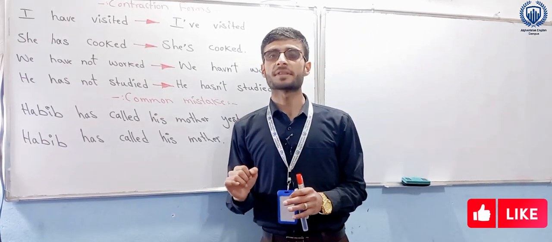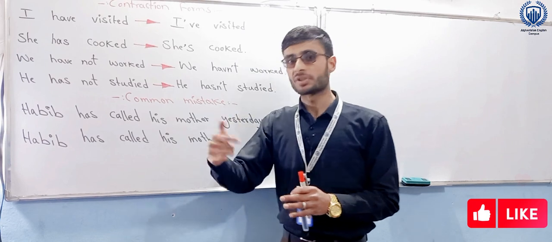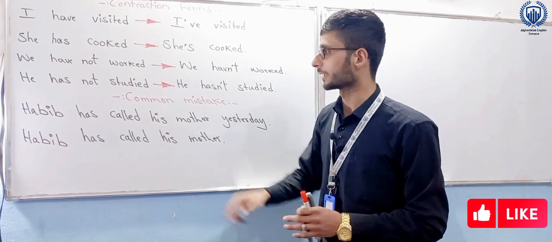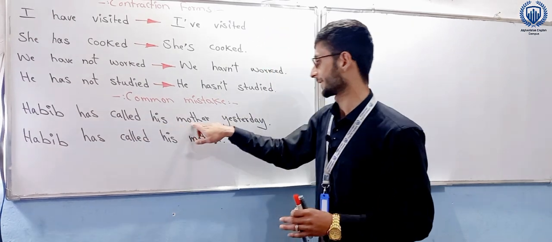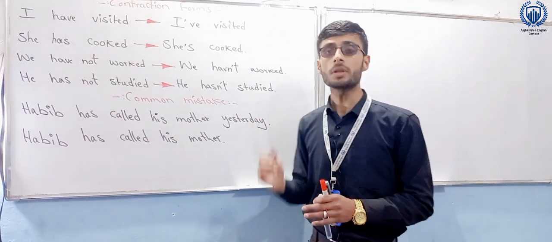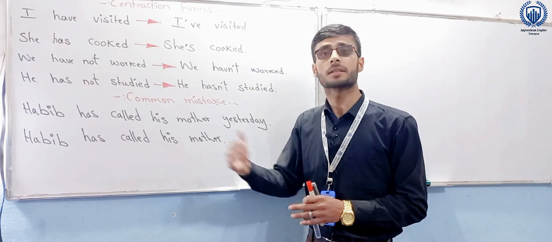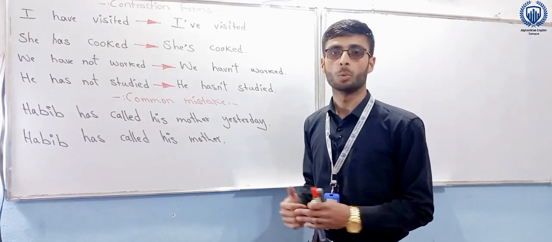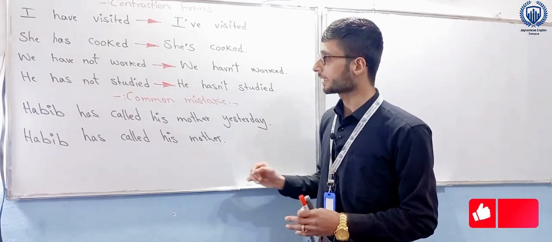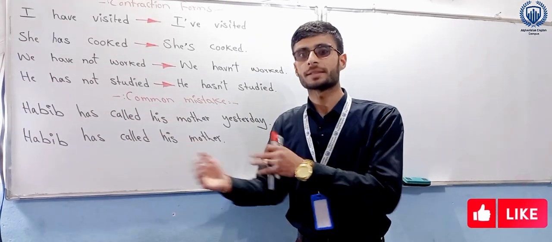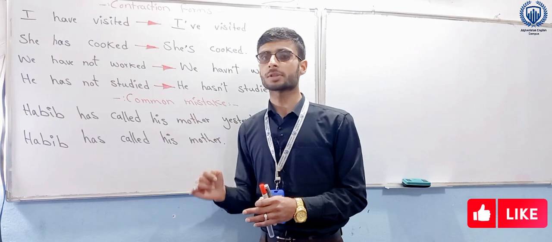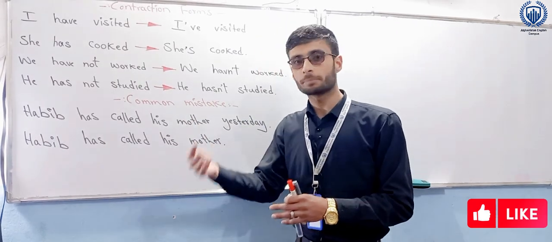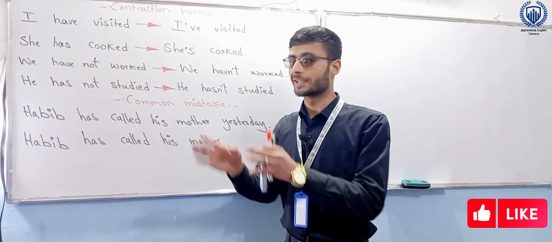There is a common mistake in English in present perfect. What is the common mistake? Here we have a sentence: Habib has called his mother yesterday. What do you think about this sentence? Is it a correct sentence? No. Why is it not correct? Because our sentence is present perfect, but we have a clear time in here. We talked about it, that when we use present perfect, we should not use a specific time.